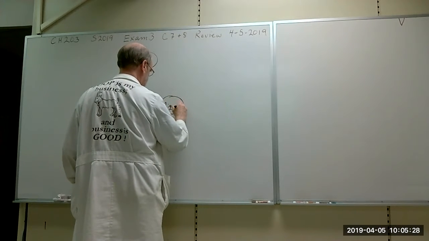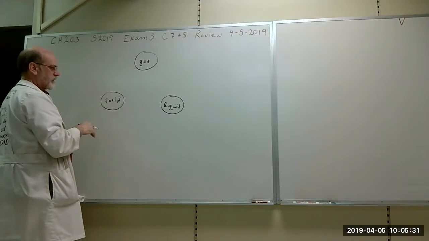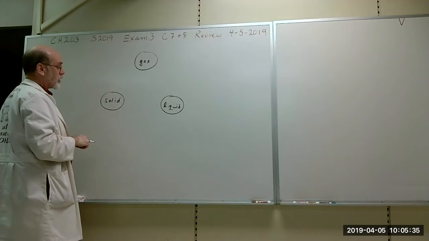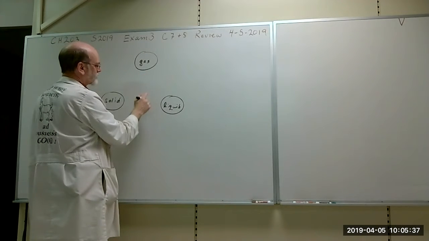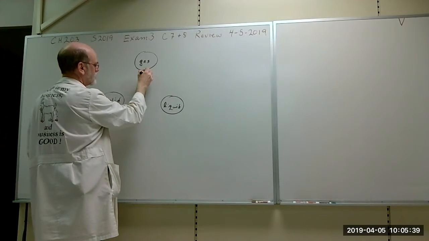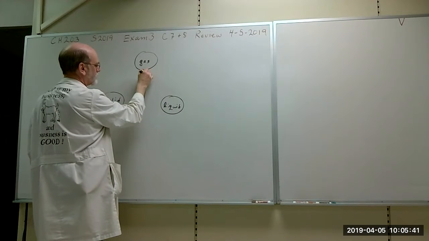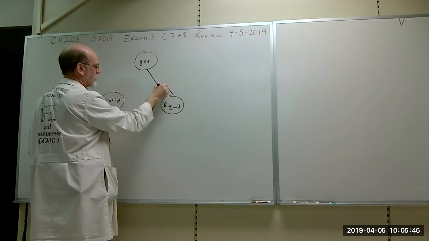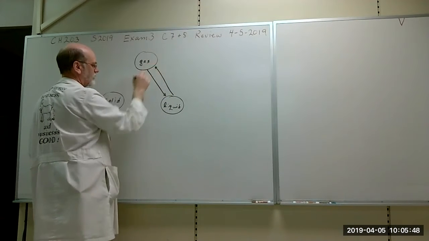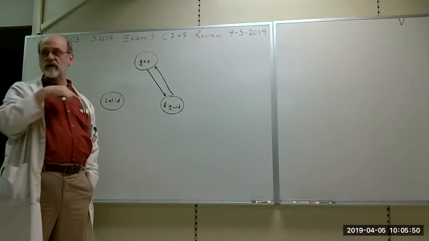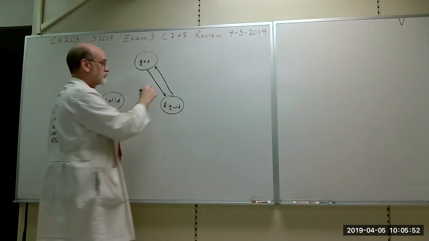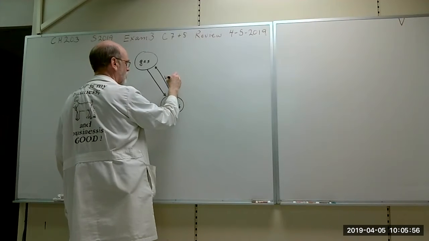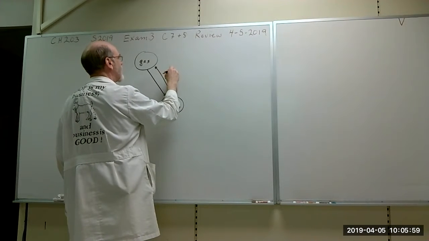And then we've got various changes going from one to the other. So if we go from gas to liquid, now let's go the other way first. Go this way, liquid to gas is called vaporization, right? Or evaporation. Evaporation, that's right.